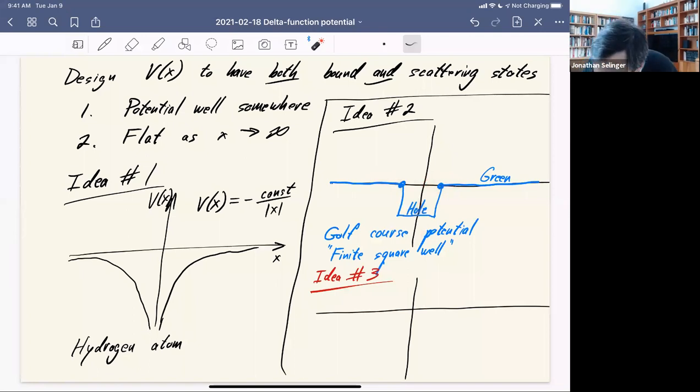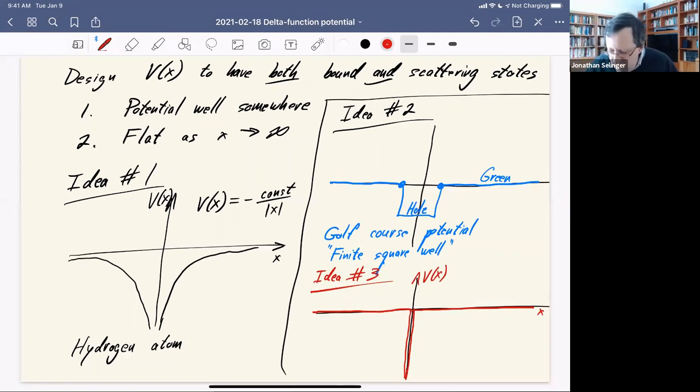Right? So it will be flat, and then it will go down and go back up right there, and then be flat again.